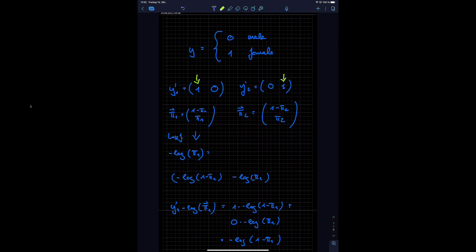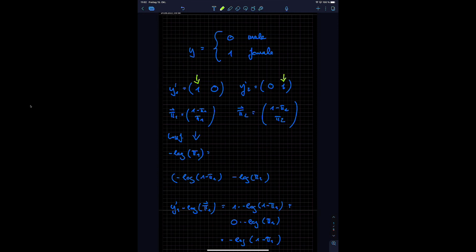So we want to focus our model that we generate accurate probability predictions for the actual categories. So regarding the first observation, we want our model to generate a real high probability estimate that this observation is a male person. But for the second observation, we want our model to generate a high probability estimate that this is a female person.